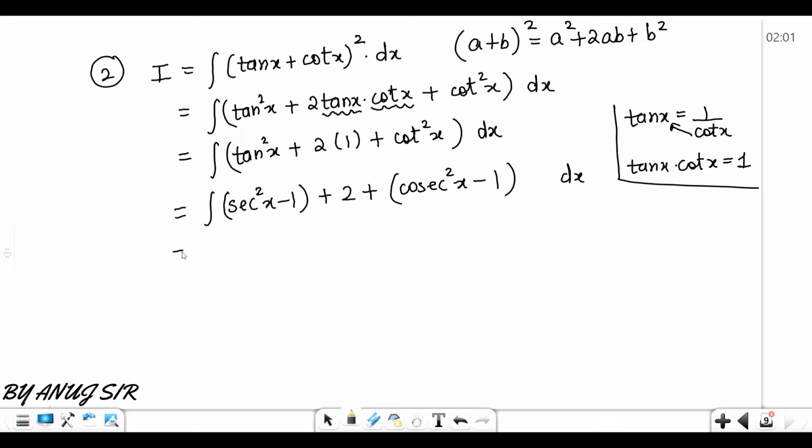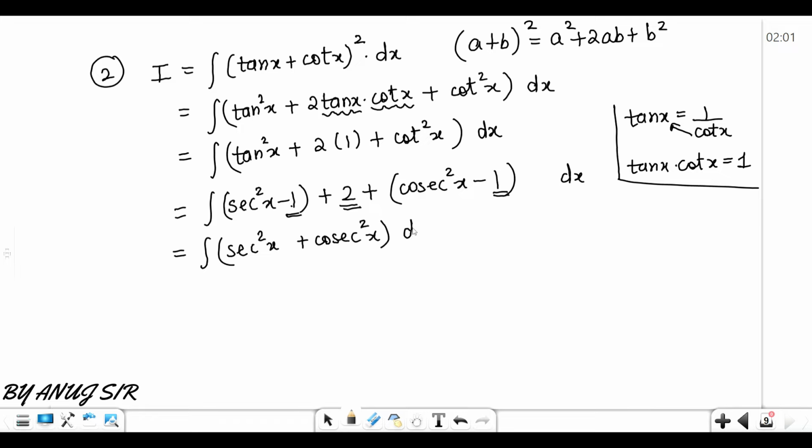Now this is minus 1 and minus 1 gives you minus 2, and we have the plus 2 over here. So overall we are left with sec square x plus cosec square x dx.